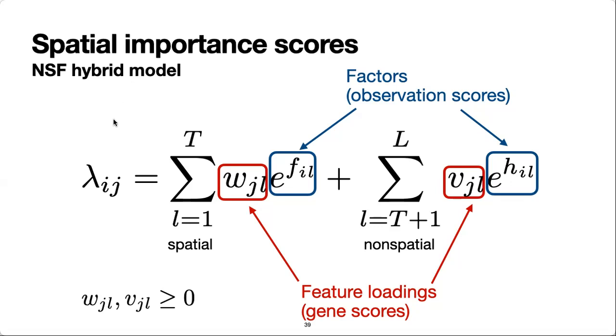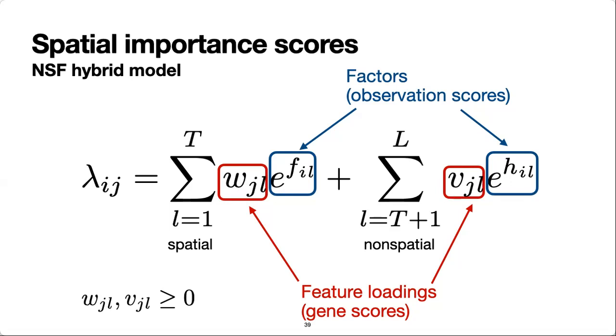So in the non-negative spatial factorization hybrid model, we have a spatial component, which has its set of loadings, and we have a non-spatial component, which has its set of loadings. So if we basically look at W over W plus B, I mean, it's more complicated than that, but that's the general idea. Because these things are non-negative, that ratio is going to be a number between 0 and 1.